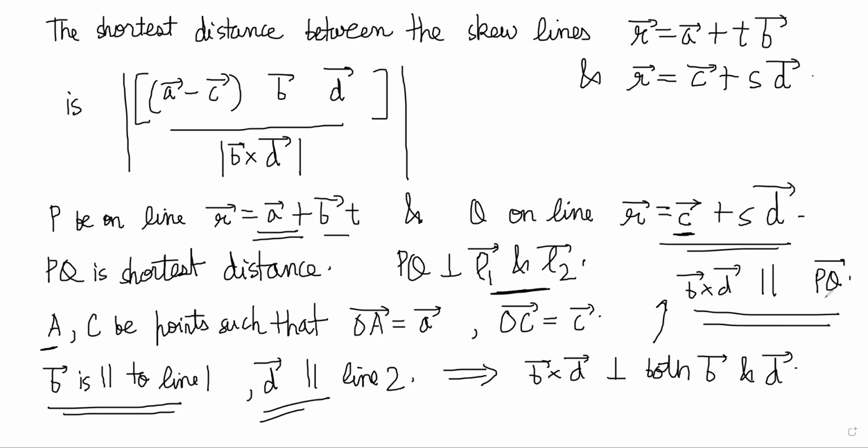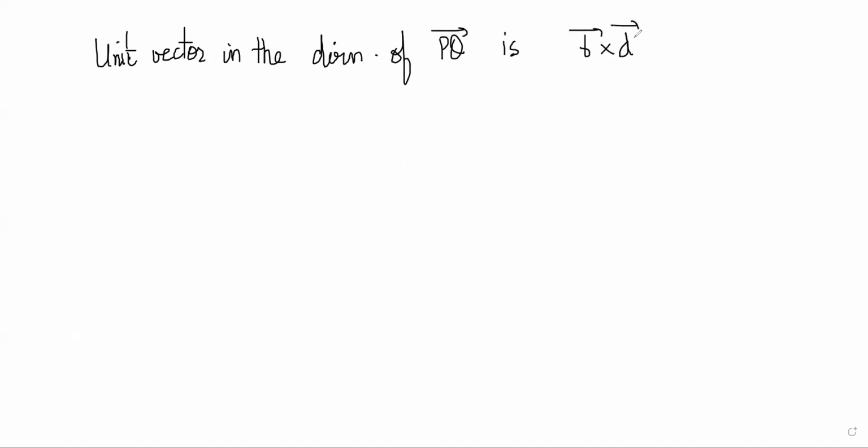That is something that you should conclude from here. So if B cross D and PQ are parallel to each other, then we can say that the unit vector in the direction of PQ is simply B cross D divided by mod of B cross D. This is the unit vector in the B cross D direction, right?